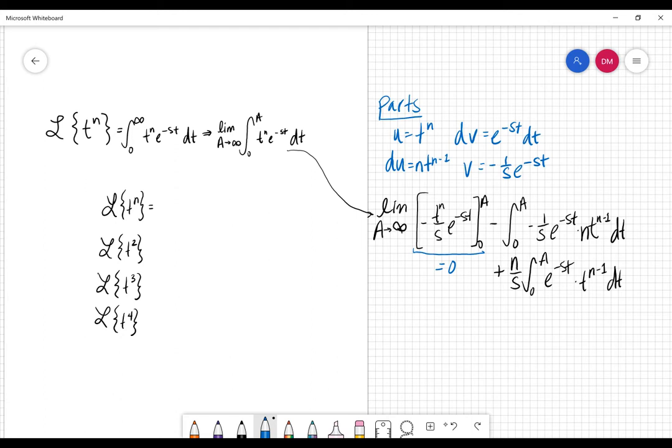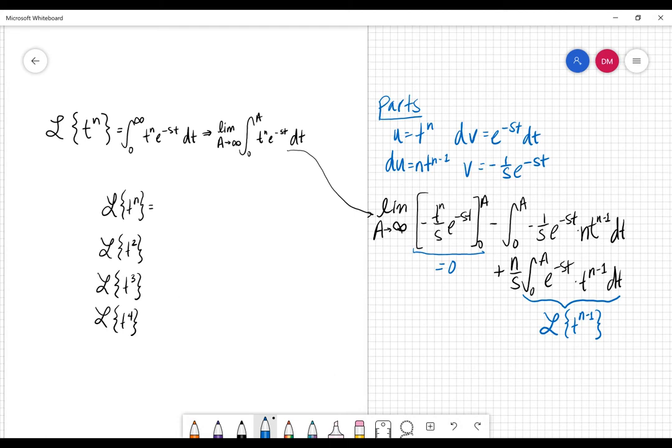And so what we have to recognize here is this whole portion is the Laplace of t to the n minus 1. Okay, if what we had originally up here was the Laplace of t to the nth power, using our definition, then this is, by definition, the Laplace of t to the n minus 1.